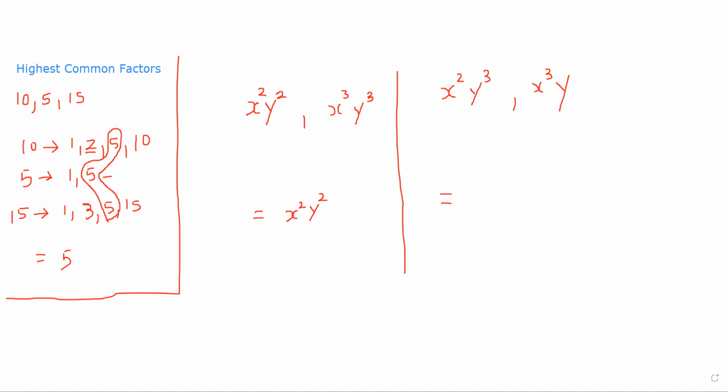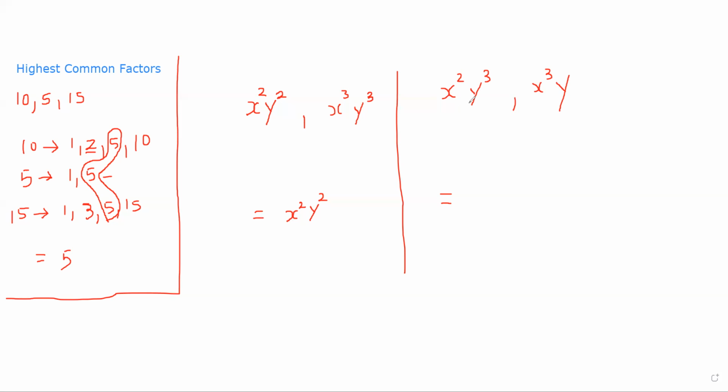Again, you look to see what variables or terms or letters we're dealing with. We're dealing with the x and y here. The second thing you need to think about is, what is the lowest power of these two terms?